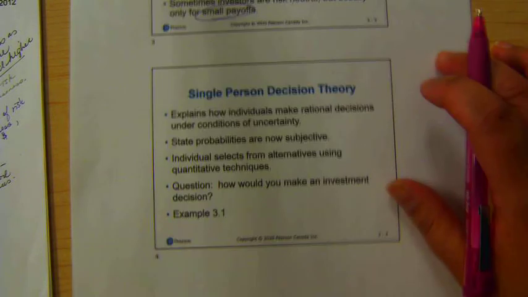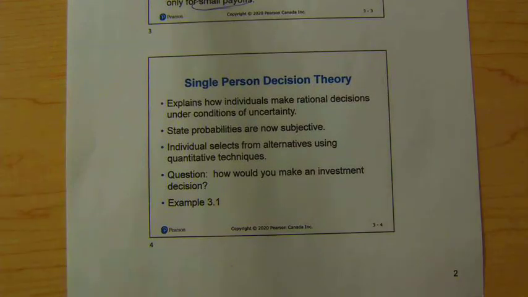You good? Okay, single person decision theory. So this is going to start, and remember, with accounting and finance, economics is the parent of both of these disciplines. So anything you learned in economics is very, very related.